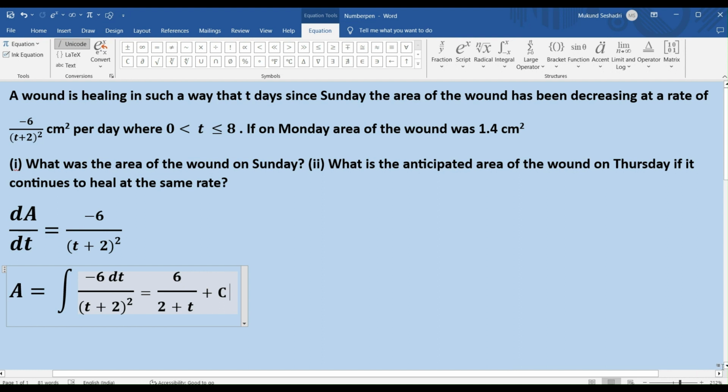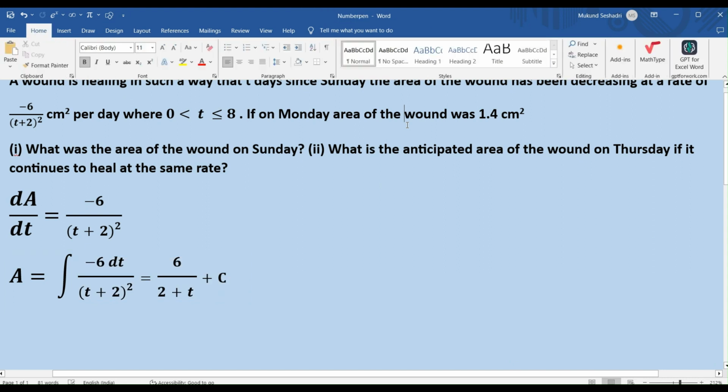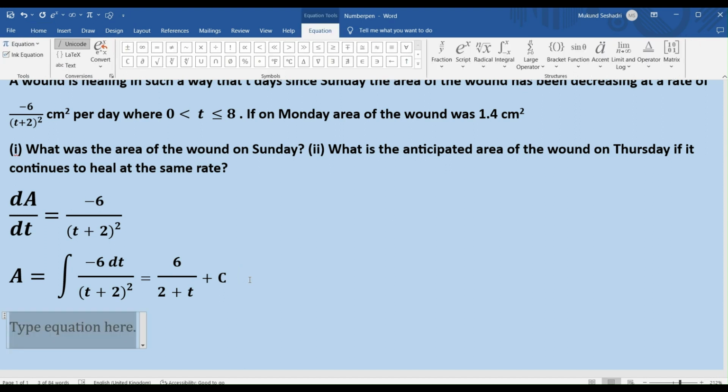Which is where I realized that I've been given another small piece of information: the area of the wound on Monday, which means t equals 1. So when t equals 1, A equals 1.4, and therefore 6 by (2 plus t) is 6 by (2 plus 1), which is 2.